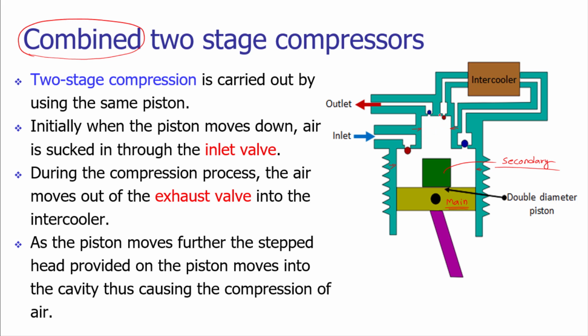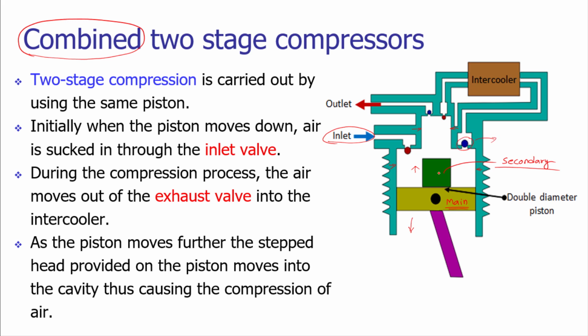There are two sets of inlet and outlet valves. The ambient air will be sucked in during the return stroke, and that ambient air will be compressed in the forward stroke. During the compression of the forward stroke, outlet valve 1 will be opened.